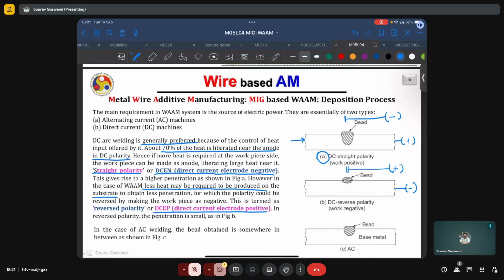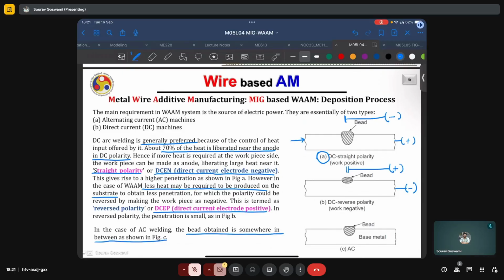But this is for the case of DC. What about AC? For typically AC welding, the bead obtained will have somewhat intermediate characteristics between DCEN and DCEP.